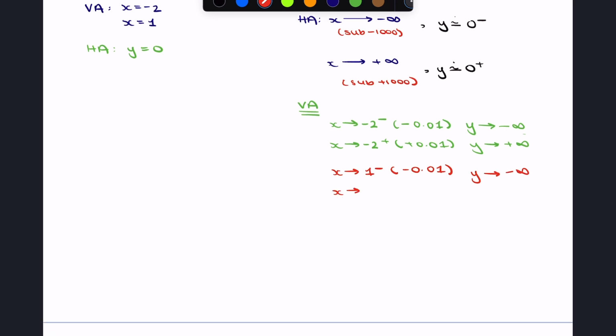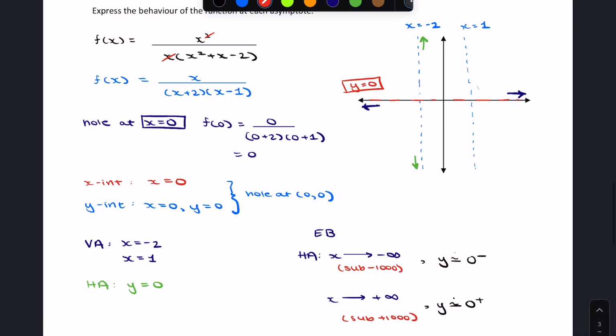And as x approaches 1 from the right, we add 0.01, we see here that y will approach positive infinity. Again, as x approaches 1 from the left, it goes to negative infinity, and as x approaches 1 from the right, it is positive infinity. And we see again here that we have a hole at 0, 0.